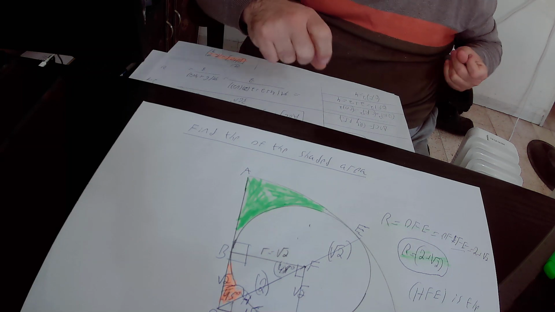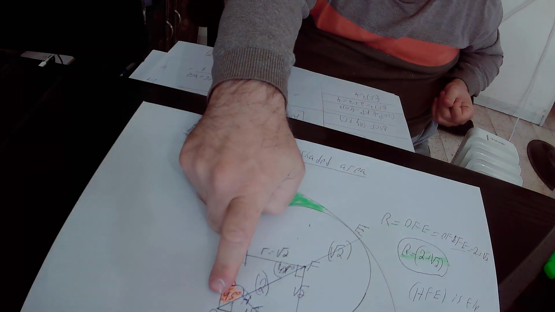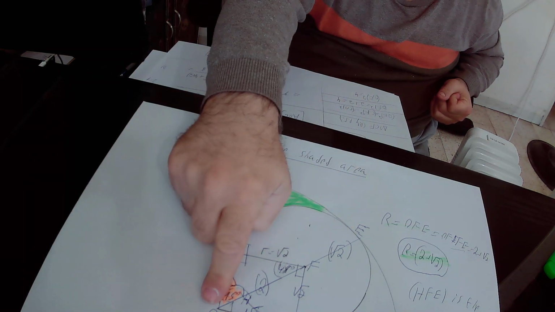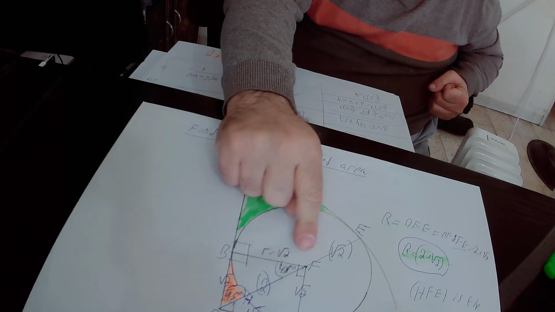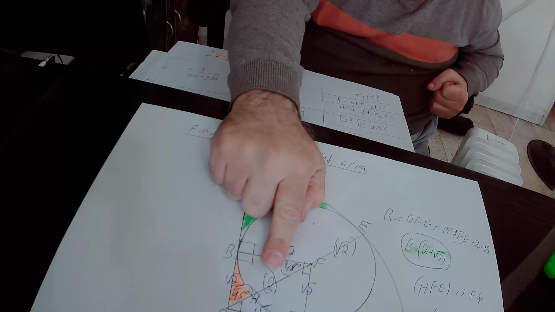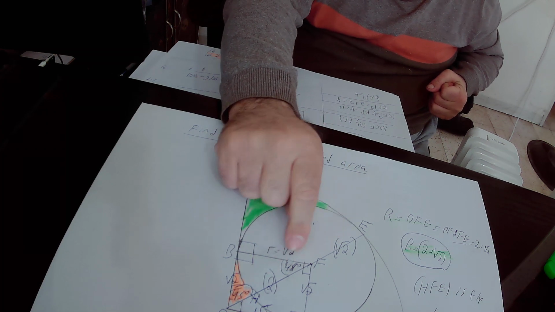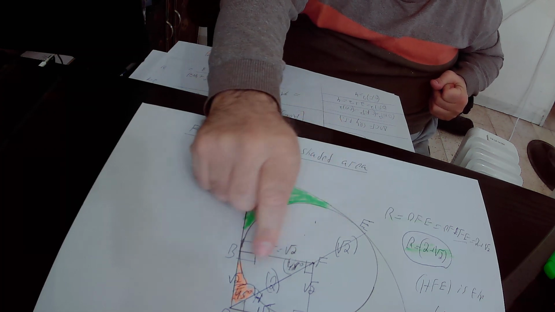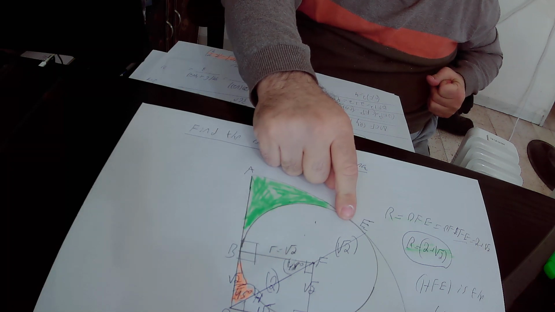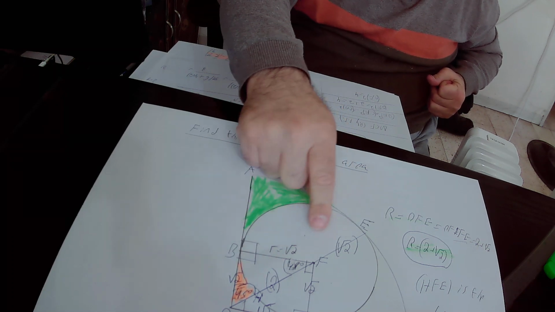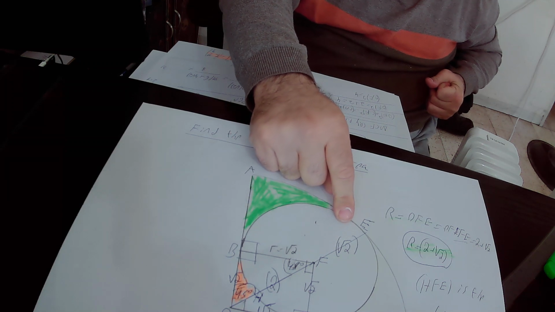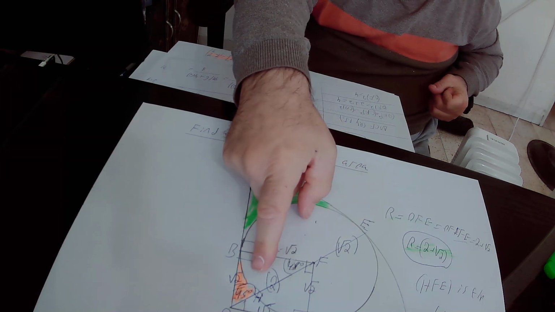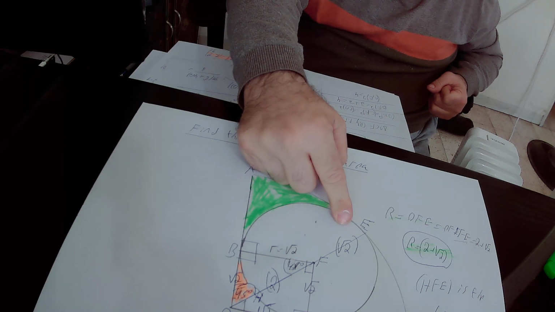Okay, we know that according to rule 9, OFE is one straight line. If OFE is one straight line, here HFE must also be one straight line, because HFE is part of OFE, and OFE is one straight line. Therefore HFE, that is part of OFE, must also be a straight line.